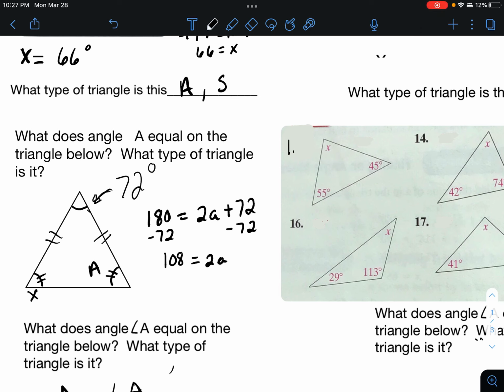So we did the first step in a two-step equation. Last step is we have to divide by 2. So that means that A is half of 108, which would be 54 degrees. Okay, and this was an acute isosceles triangle.